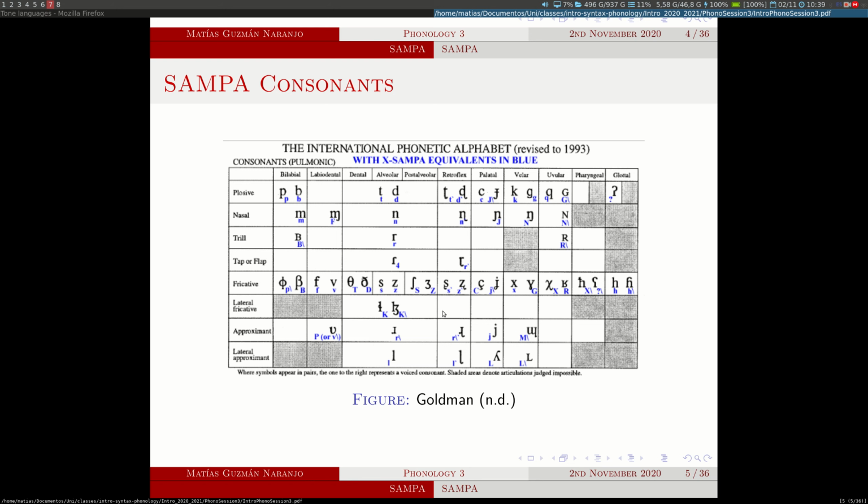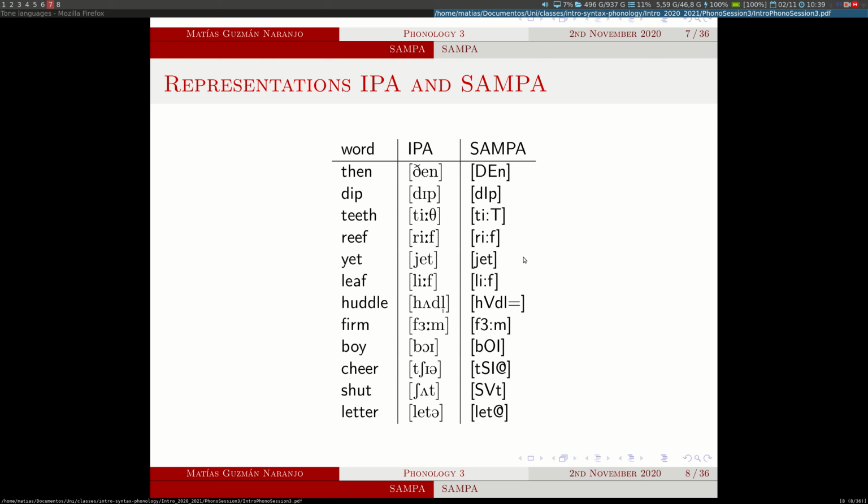We won't be using Sampa. You also have the diacritics. It's very unintuitive, but you can use it to transcribe English and other languages quite well. It was very much liked by computational linguists because it was easier to work with it in the computer than IPA was, especially before the advent of very nice Unicode, which we have now.